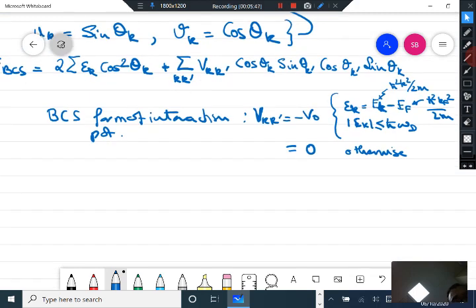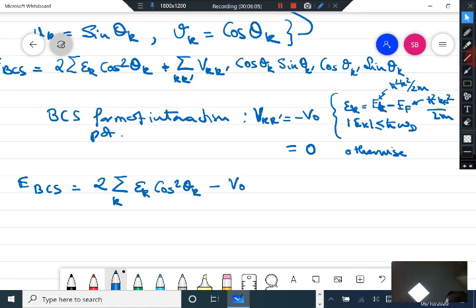So we are going to look at EBCS as twice the summation over k of Ek cos square theta k, minus V naught.